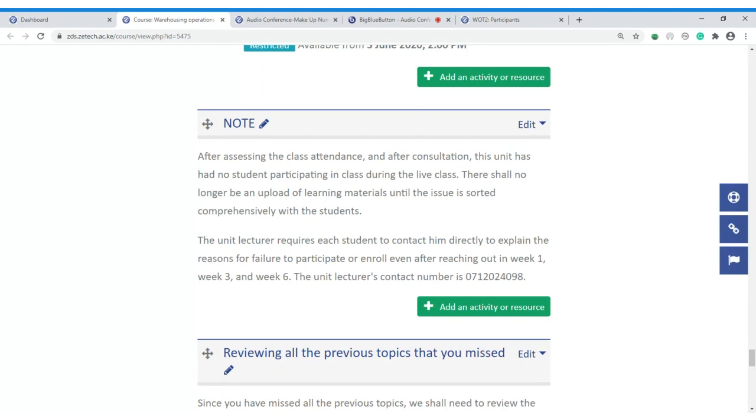So that is what we are doing. We are sorting the issue now. So up to when we get to where I had reached, that's when we shall continue with the other revision. So now we are doing 2 discussion topics per week. So the unit lecturer, myself, requires each student to contact me directly. Nobody did that except one.